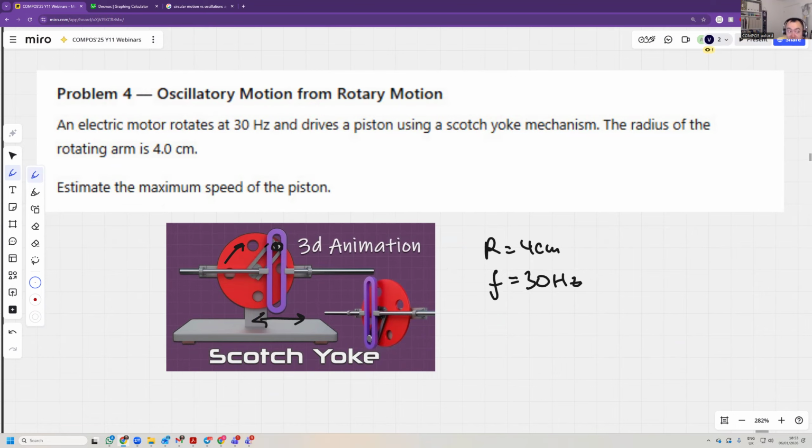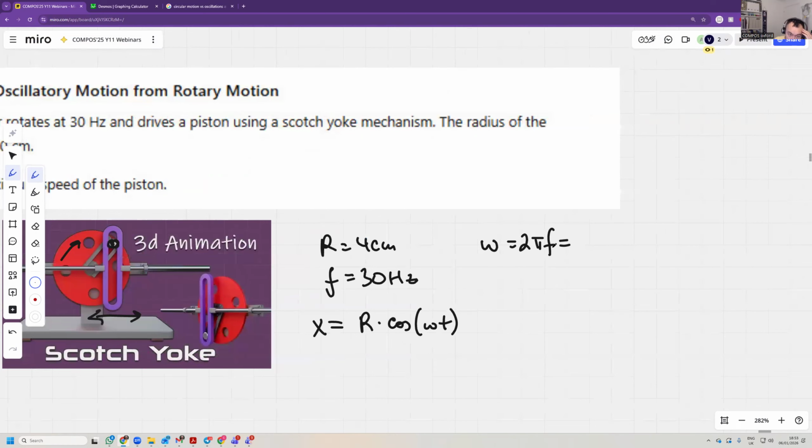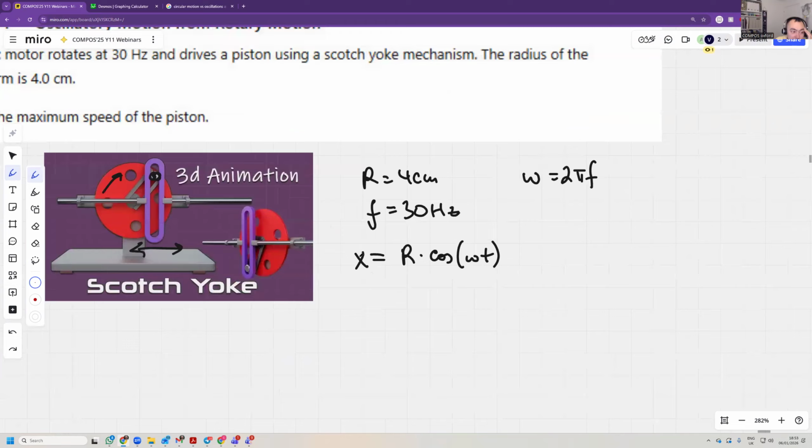Maximum speed of the piston is the maximum horizontal speed. And we know from the previous problem that x is the radius multiplied by cosine of omega t. So omega is 2 pi f. Now, we know that the velocity is the derivative of x.